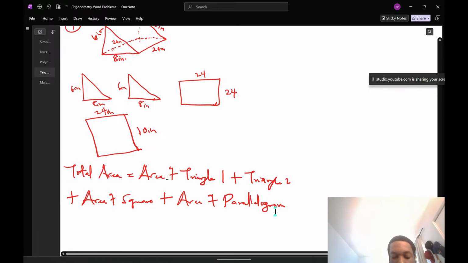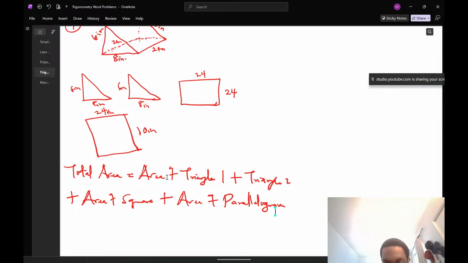I want to find the area of a parallelogram. That's a formula that I don't have in my head right now.